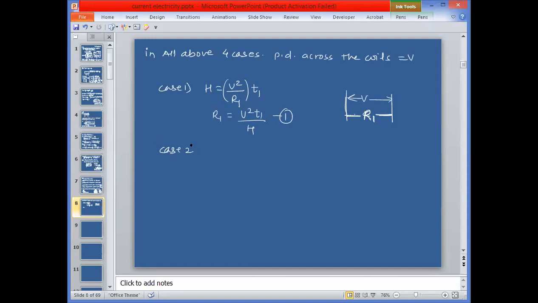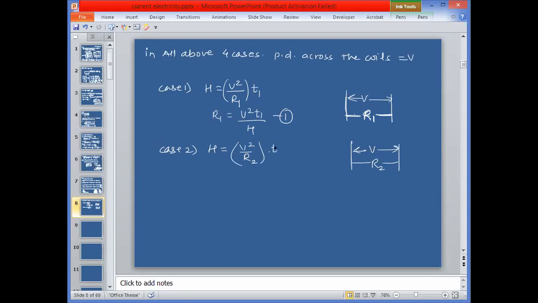Now in case number 2, you remove the first coil and connect the second coil, and again the voltage across the second coil will be the same, V. Heat required to boil the water is the same, so no need to say H1, H2, call it H. Again, heat is equal to power into time, power is V square upon R, so V square upon R2.